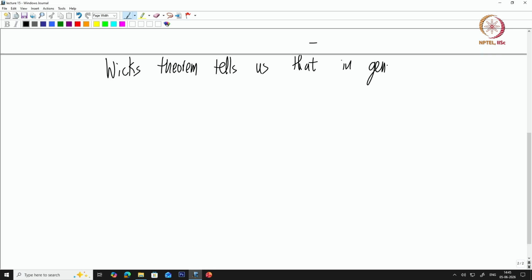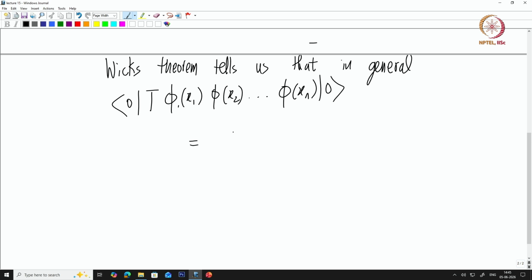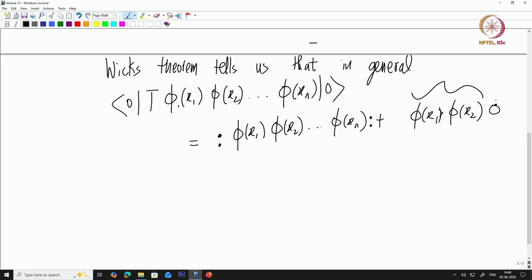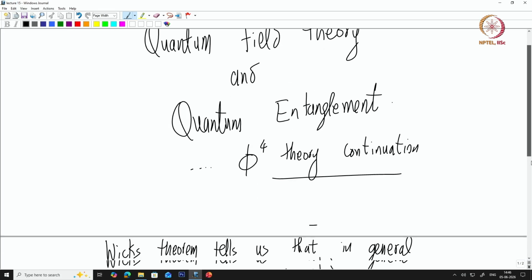So, what Wick's theorem tells us is that in general, a time ordered product of phi of x1, phi of x2, and so on up to phi of xn is equivalent to the normal ordered product of the same thing, phi of x1, phi of x2, phi of xn, plus all possible contractions. For example, normal ordering with phi of xn and phi of x2 contracted, and the remaining ones just remain the same, and so on.